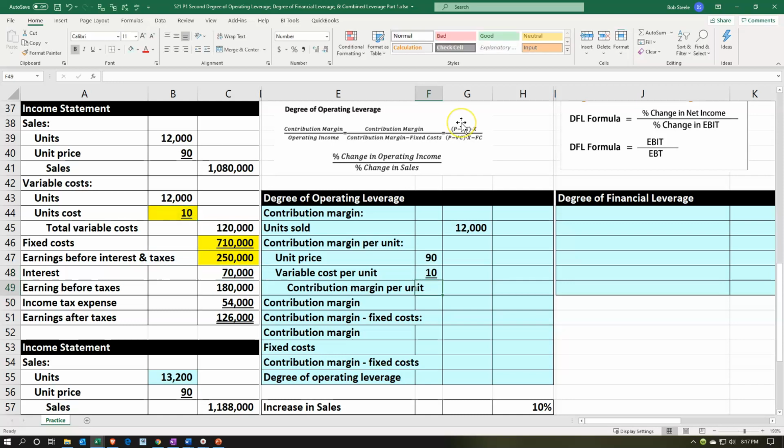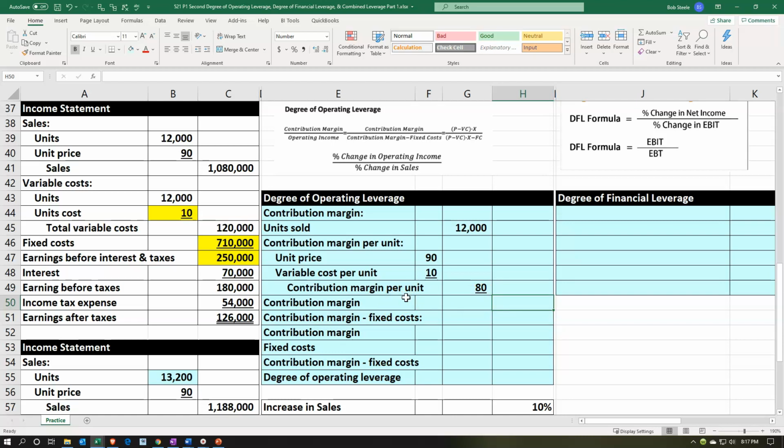That's the variable cost in the formula. That's going to give us our contribution margin, which is P minus the variable cost, P minus VC. That's the contribution margin per unit, I should say.